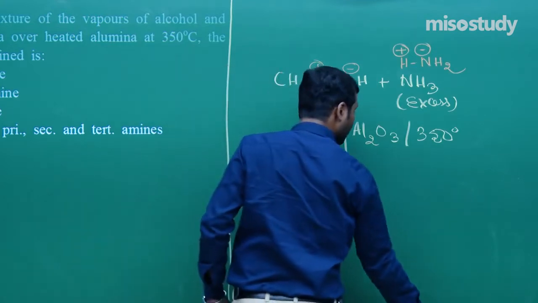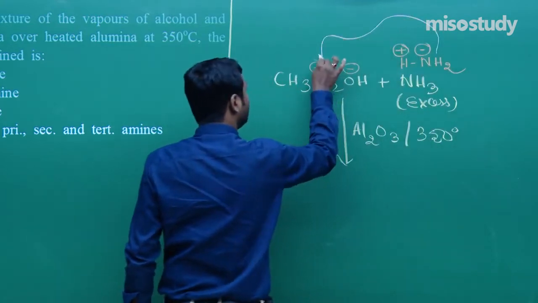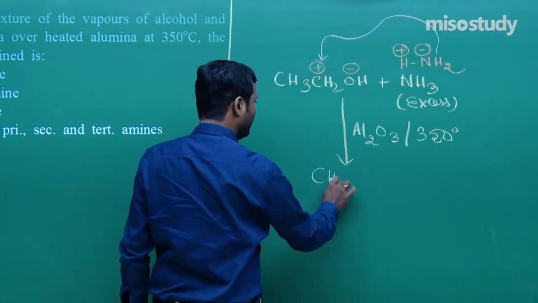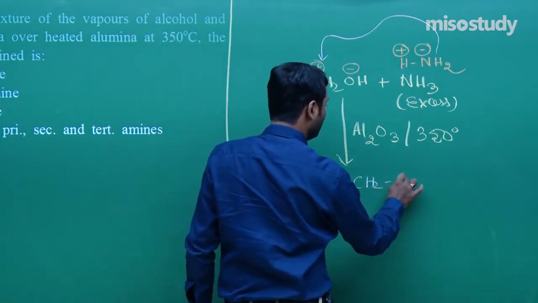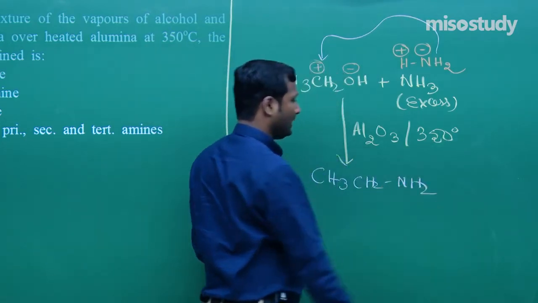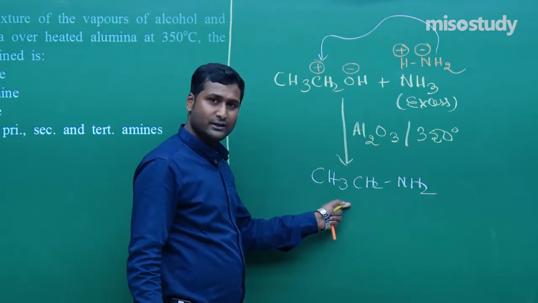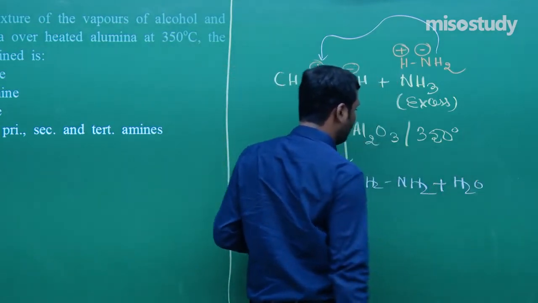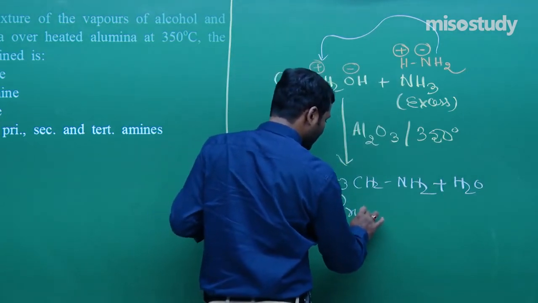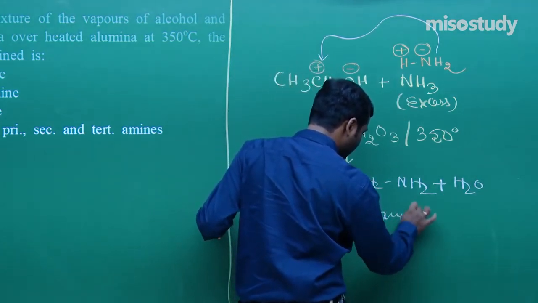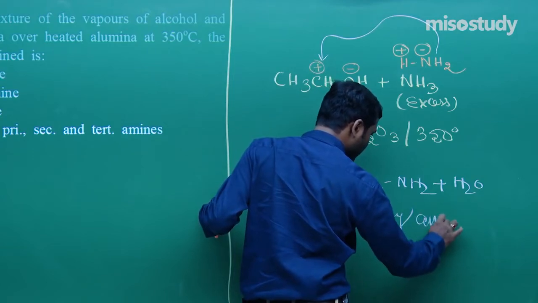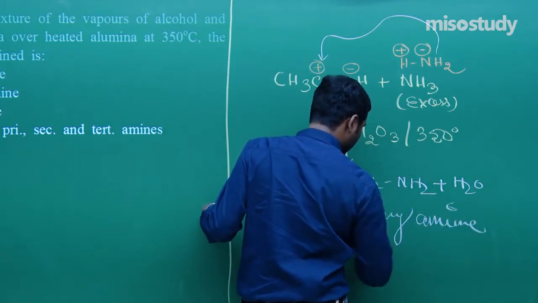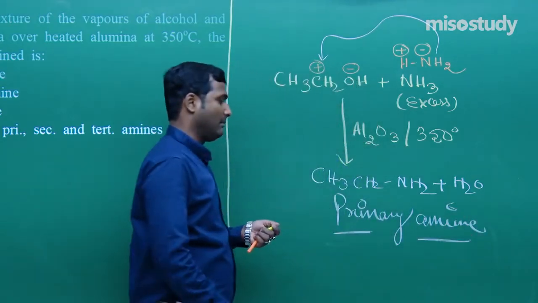Now it will move here. So the product is CH3CH2NH2, and the next one is H2O. So we can say in this case the amine is a primary amine.